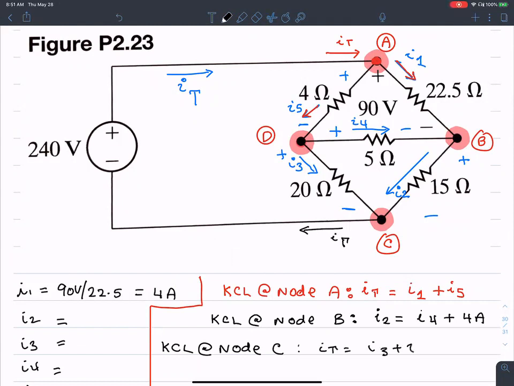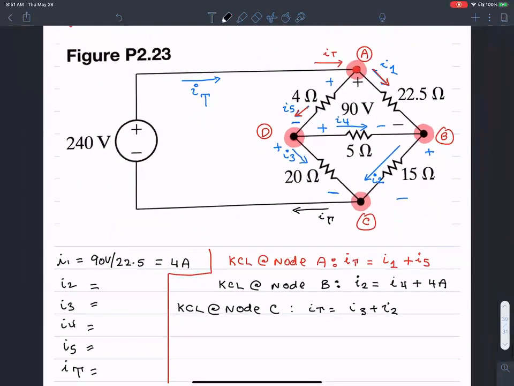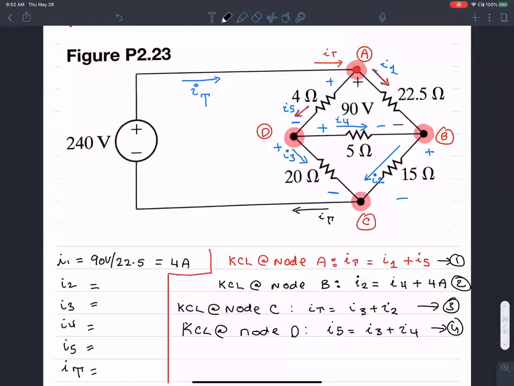Now KCL at node D. I5 equals I3 plus I4. So that's 4 equations right there. 1, 2, 3, 4. Now what?